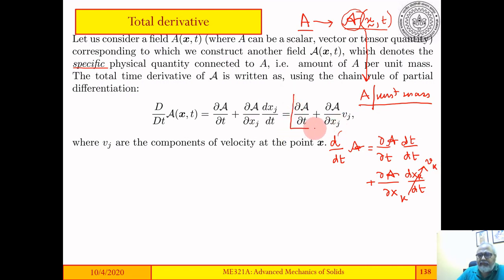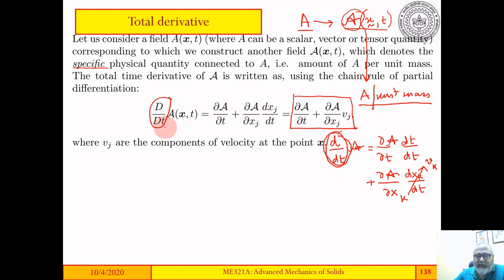This is what we have, and we use this operator, capital D/Dt, to describe the total derivative with respect to time. We don't use the small d/dt because we sometimes can confuse it with other things. So we use this capital D/Dt to denote the total derivative.